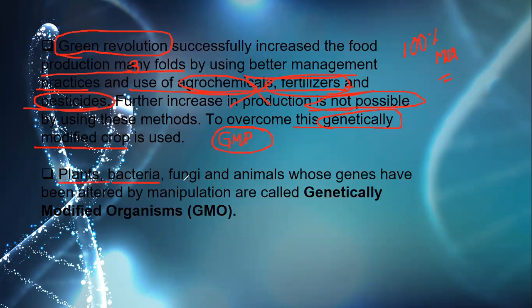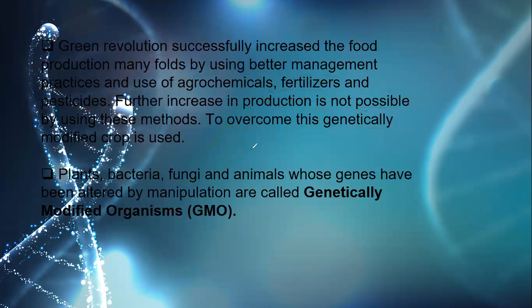Plants, bacteria, fungi and animals whose genes have been altered by manipulation are called GMOs, or genetically modified organisms. Understood everyone? Whichever organism it may be, whose genes have been altered by manipulation, you will call it a GMO. Clear?